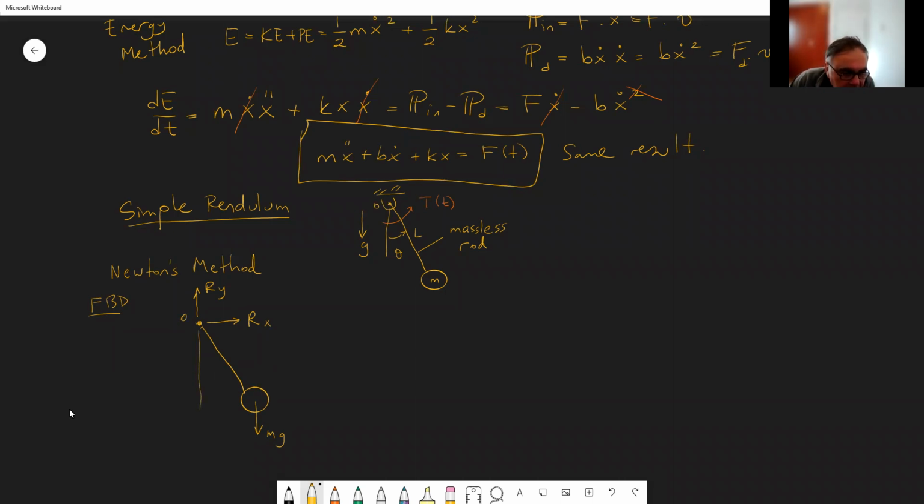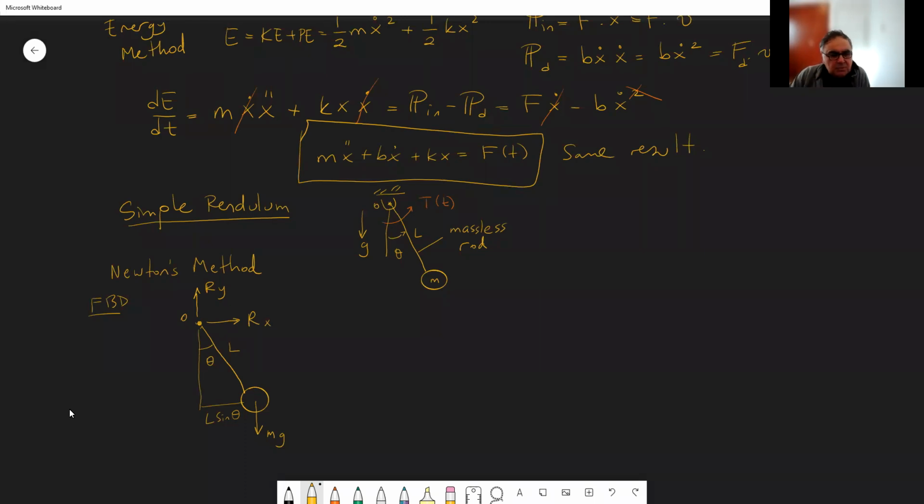And we have to pay attention to the geometry. This is theta, this is L. So this distance is L sine theta. Okay.